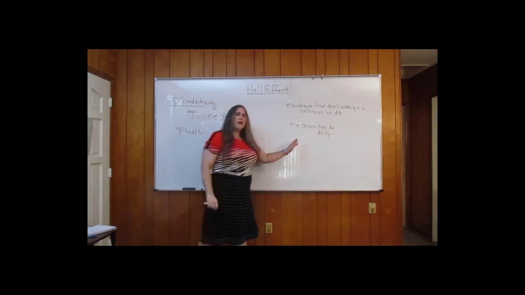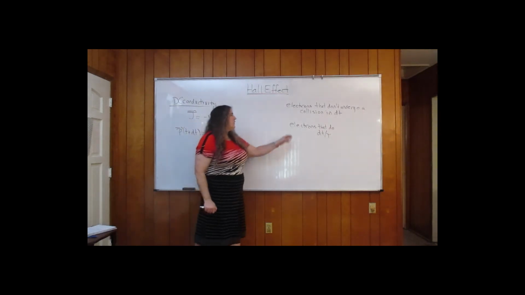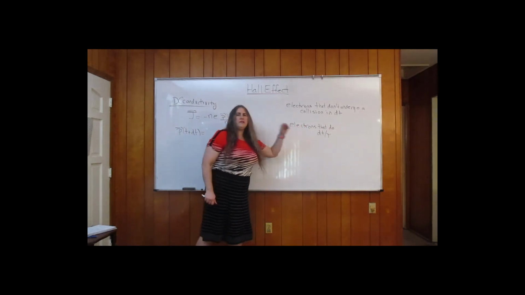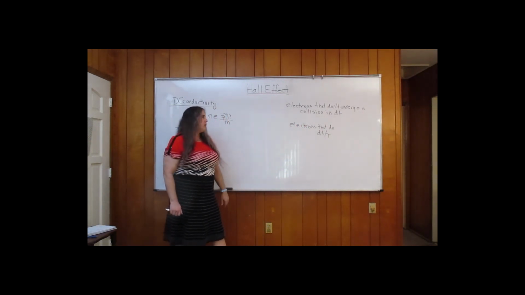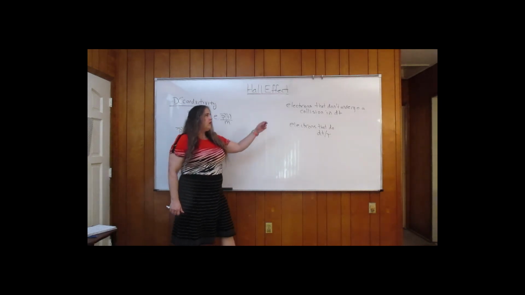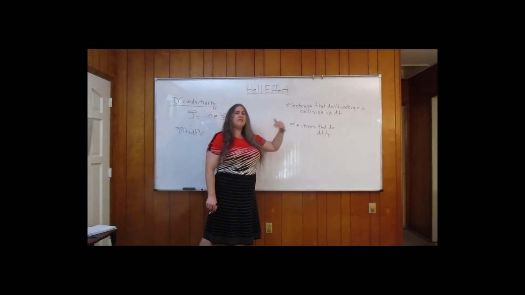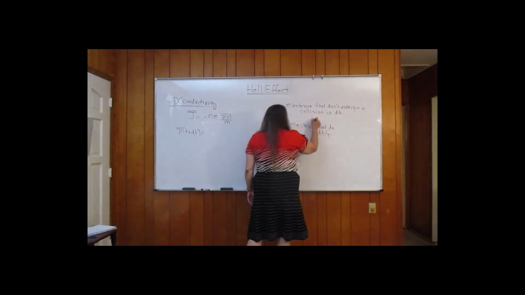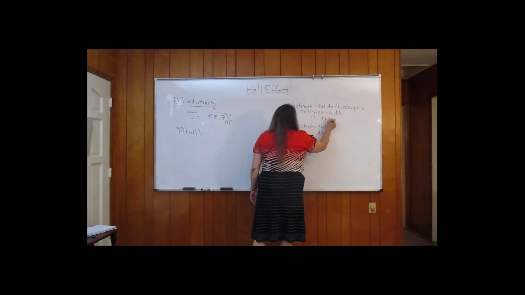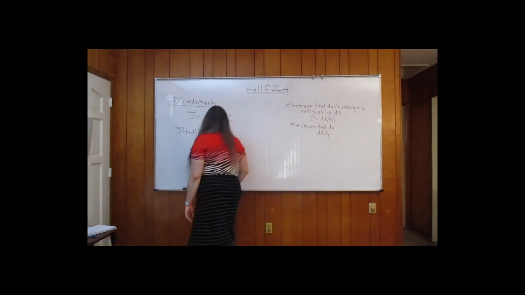Now the probability that an electron undergoes a collision in this interval of time is just dt over tau, where tau is the relaxation time. So therefore, the probability that an electron does not undergo a collision is equal to 1 minus dt over tau.